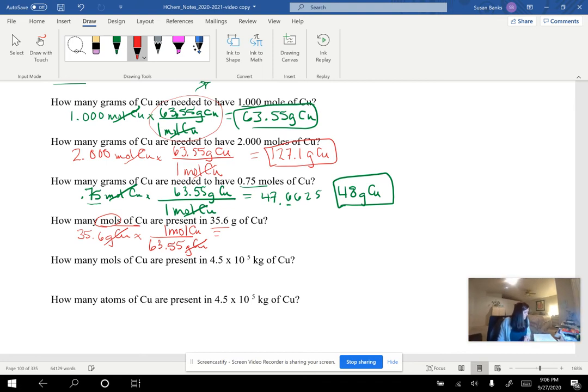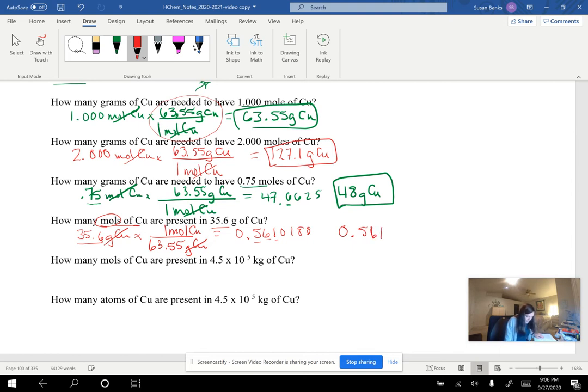Our calculator spits out this crazy amount of numbers, 0.56101888 and so on. We have 3 sig figs, so 1, 2, 3. So we're going to report this as 0.561.